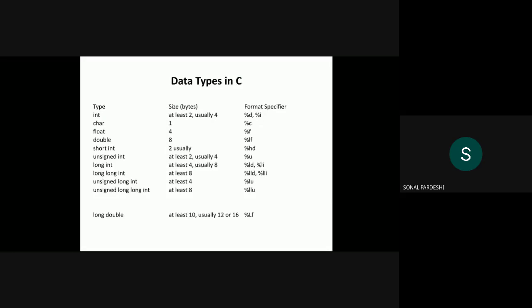For example, if you want to take the mobile number from the user, we know that a mobile number is an integer number. But you can see a 10-digit mobile number is there. A 10-digit number cannot be stored using the integer. Though it is a whole number, we cannot store this mobile number using the integer data type.